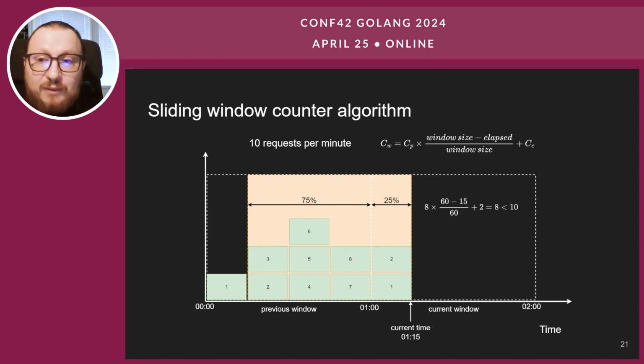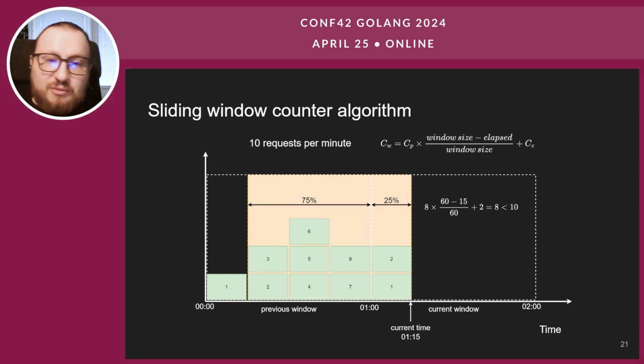The resulting value of these calculations is a weighted counter. Then the algorithm compares the weighted counter with the limit value. The request is allowed and processed if the counter is less than or equal to the limit. Otherwise, the request is dropped.